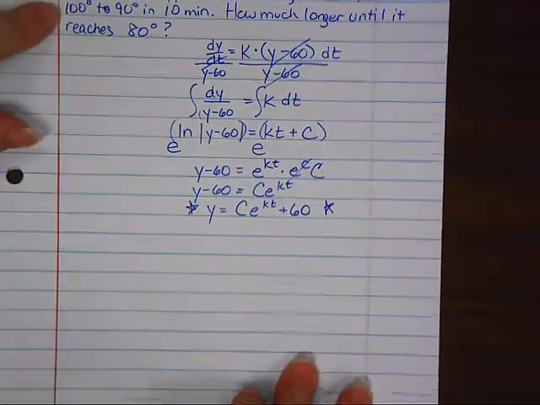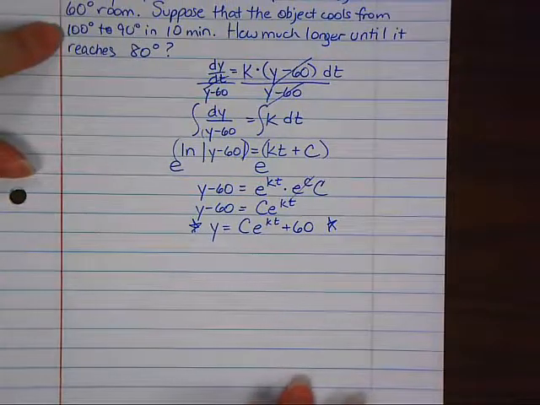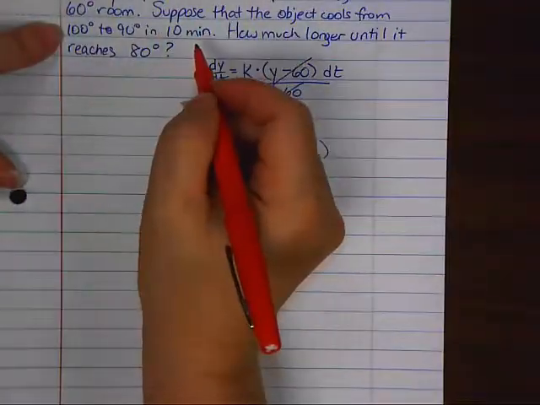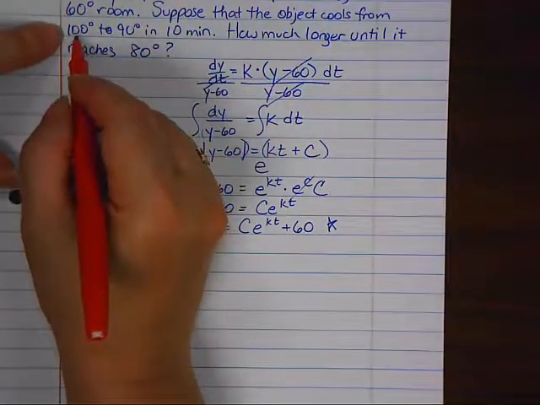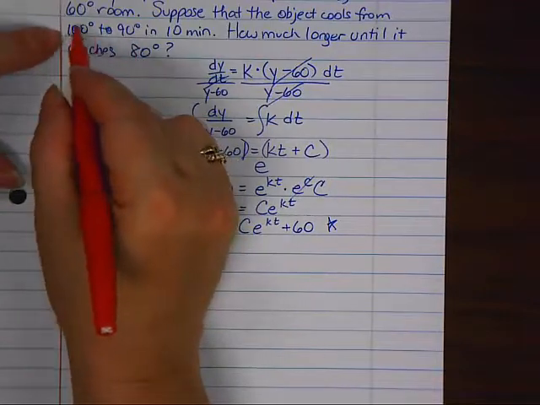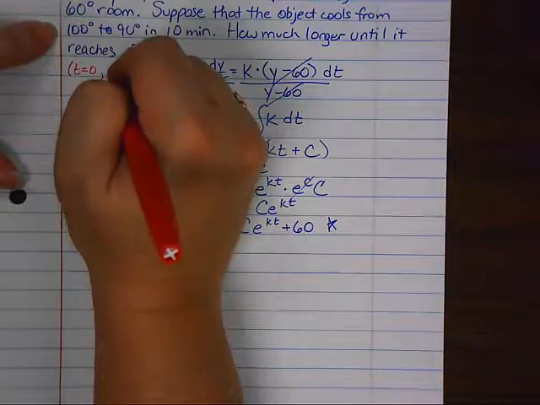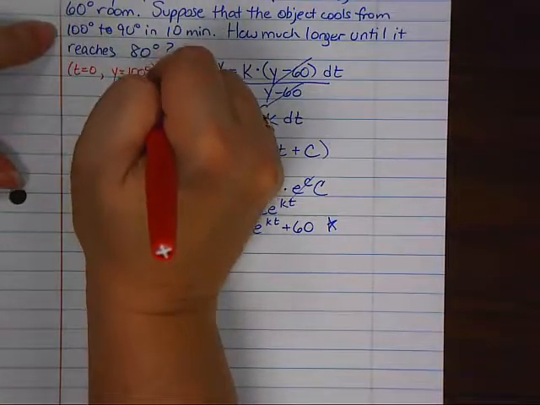Okay, we need to look at the problem though. We're supposed to have points to plug in in order to find k and c. The points are here, they're just hidden. Since it says it cools from 100 to 90, this is the temperature at time 0. So write this down: t equals 0, y equals 100 degrees.